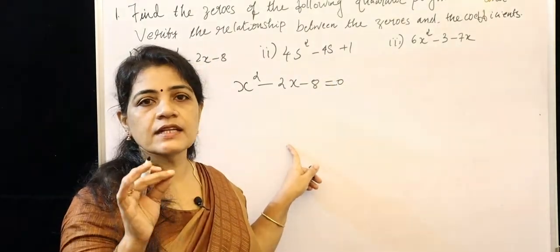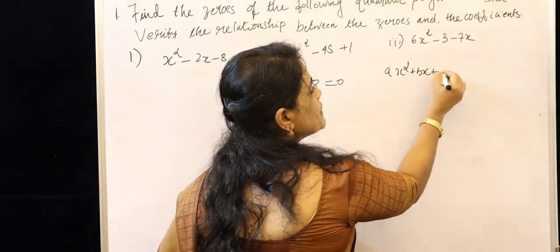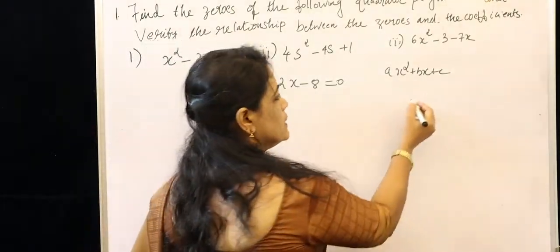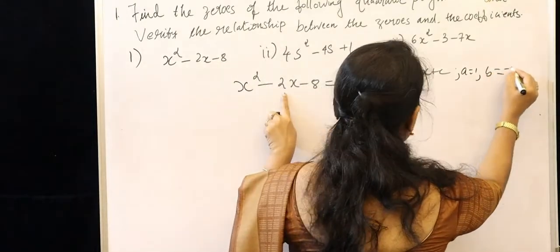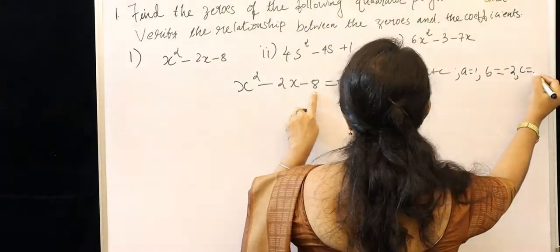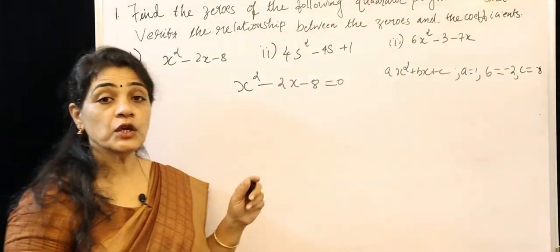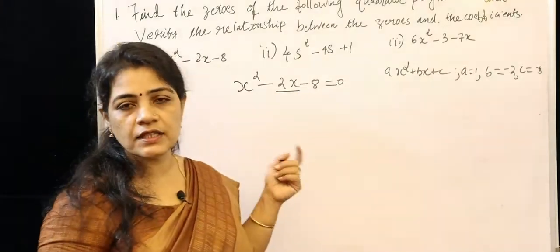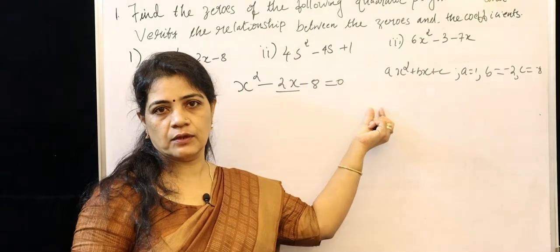Then compare this with the general equation ax square plus bx plus c. What is a? a is equal to 1, b is equal to minus 2 and c is equal to minus 8, the constant term. We are using the splitting the middle term method to get the factors of this given polynomial p of x. To get the zeros, equate p of x to 0.